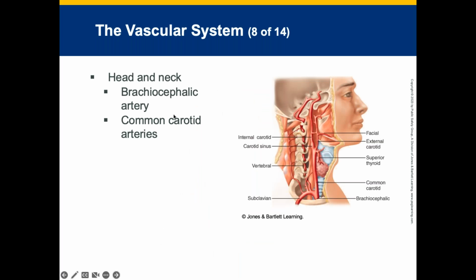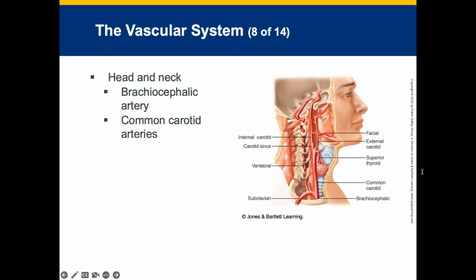So the vascular system, the head and neck: you have the brachiocephalic artery, which is the first vessel to branch from the aortic arch, which is right here. Each common carotid artery branches at the angle of the mandible into the internal and external carotid arteries. This point of division is called the carotid bifurcation.